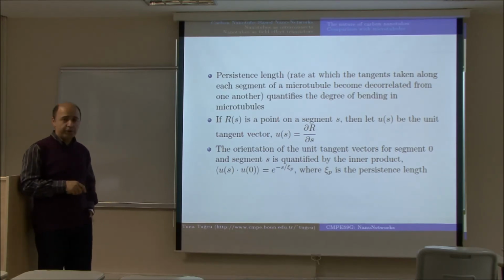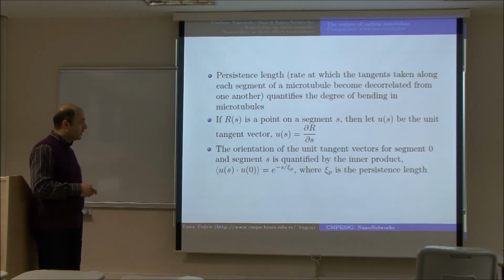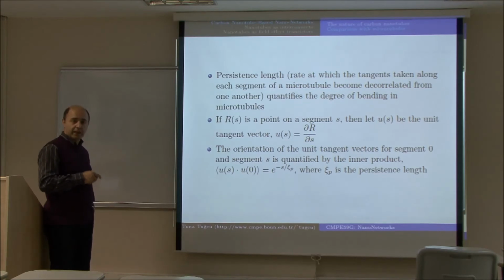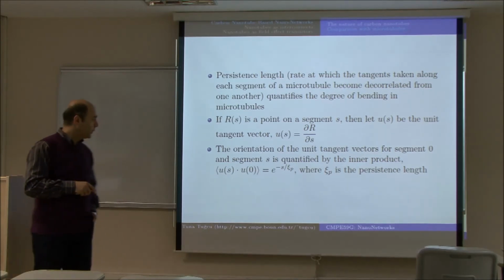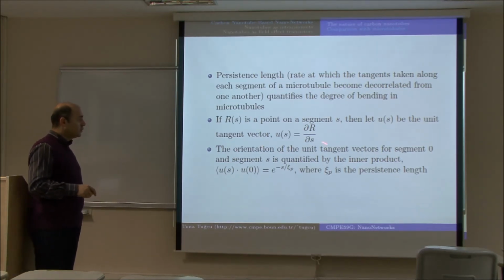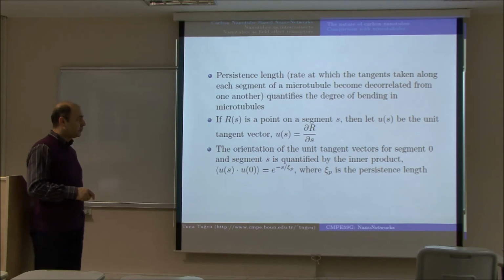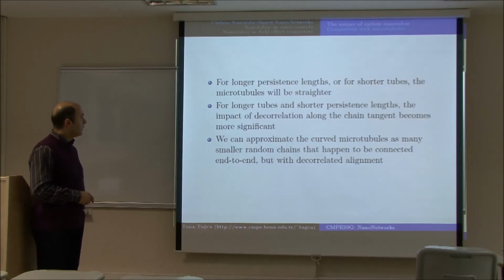If R of S is a point on a segment of the microtubule, say S, then let U of S be the unit tangent vector at that point. So U of S can be defined as the derivative of R with respect to S. So the orientation of the unit tangent vectors for the segments 0 and segment S can be quantified by the inner product here, where iota is the persistence length.